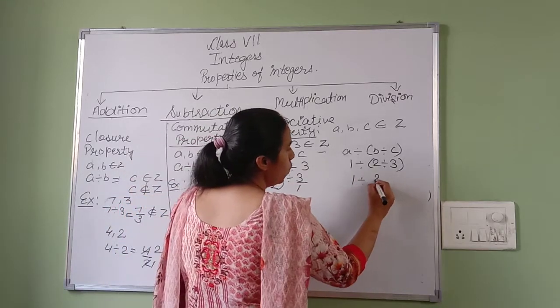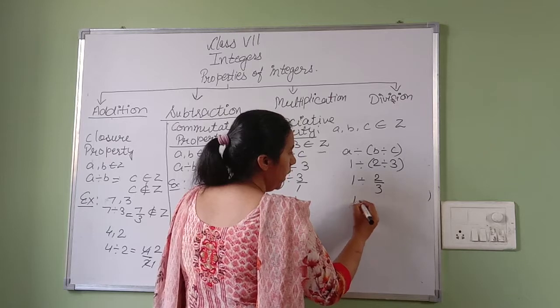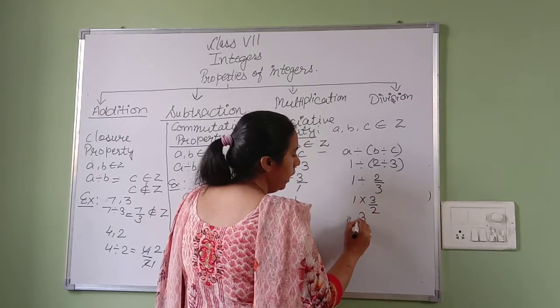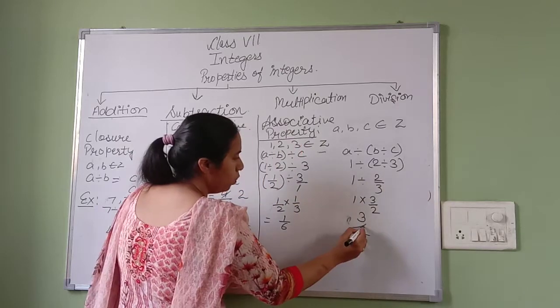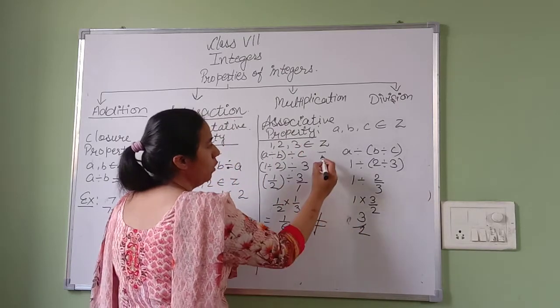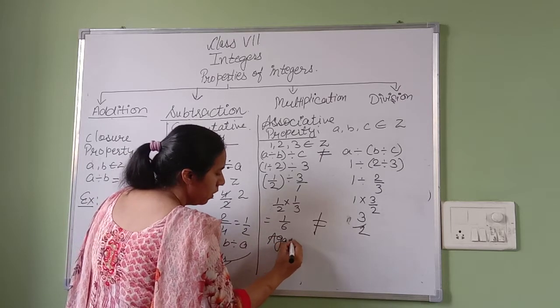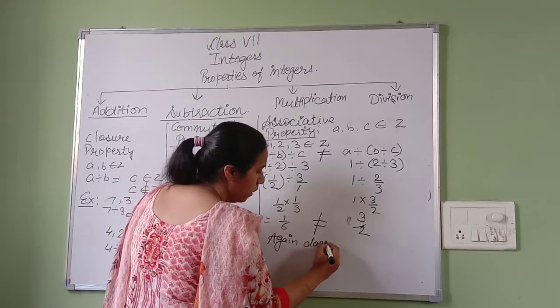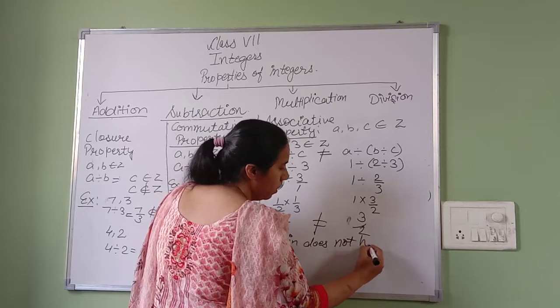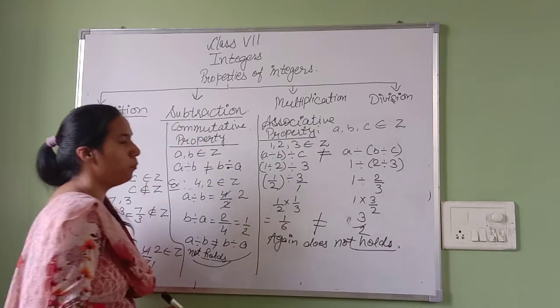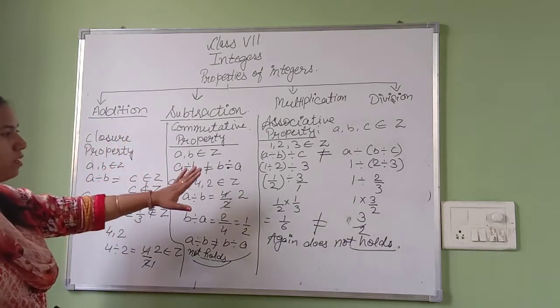Then 1 divided by 2 by 3. Again it would be the reciprocal. It would be 3 by 2. Therefore, both the answers are not equal. Therefore, this property again does not hold. These are the properties of division.